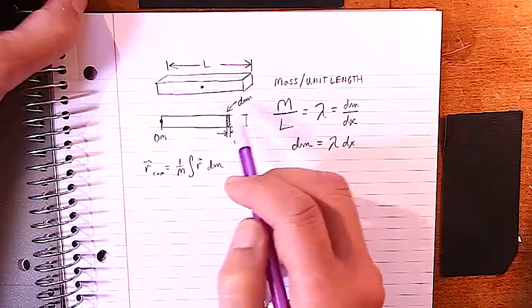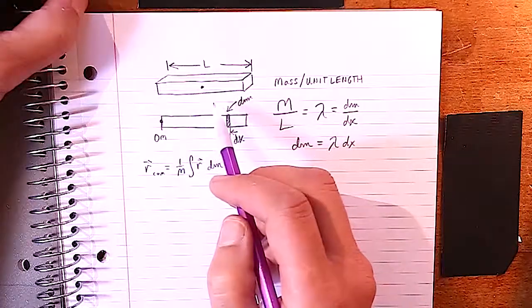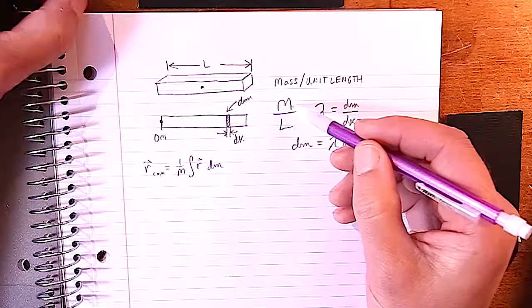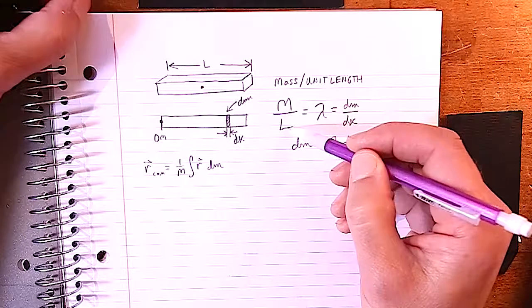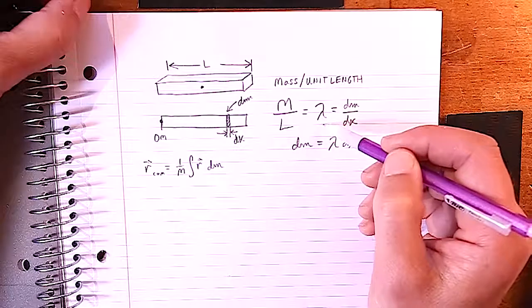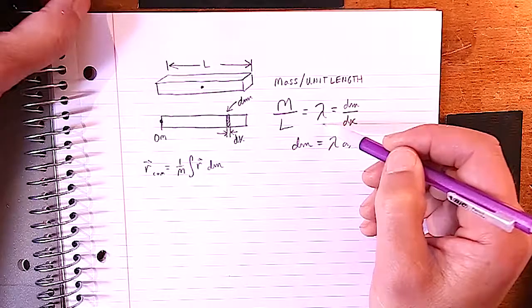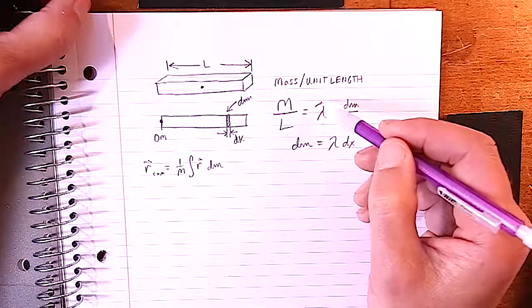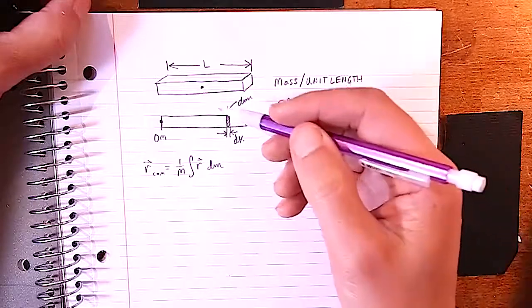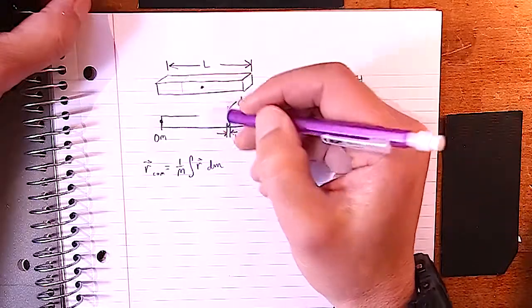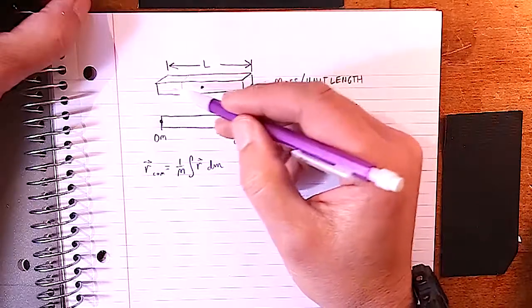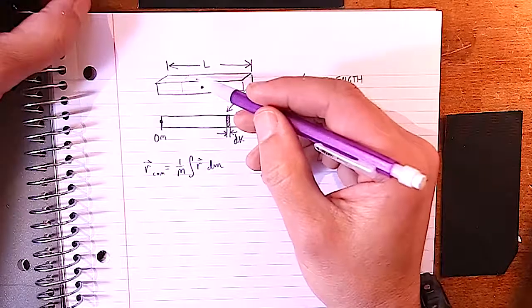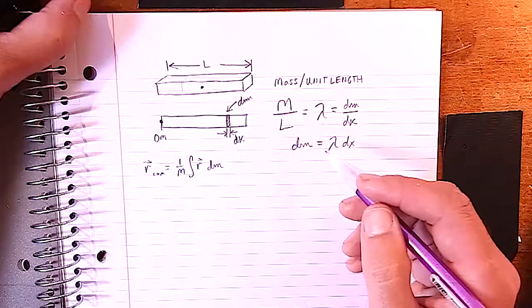So first of all, what can we say about this rod? Well, if the entire rod has a mass M and the entire length is L, that ratio must be equal to a constant that we're going to call lambda. So lambda just represents the mass per unit length. In other words, if we chopped this off, we would have, let's say, a third of the length, we would have a third of the mass. So the ratio of the mass to the length would be the same.